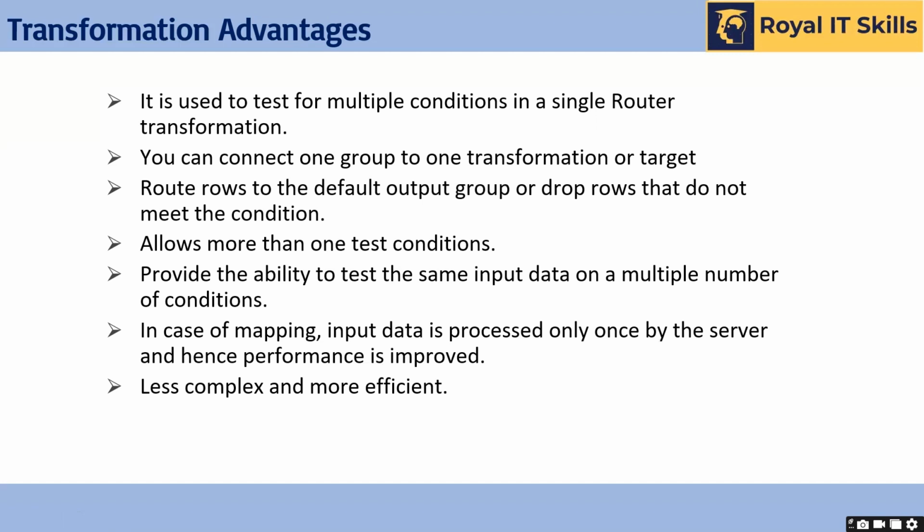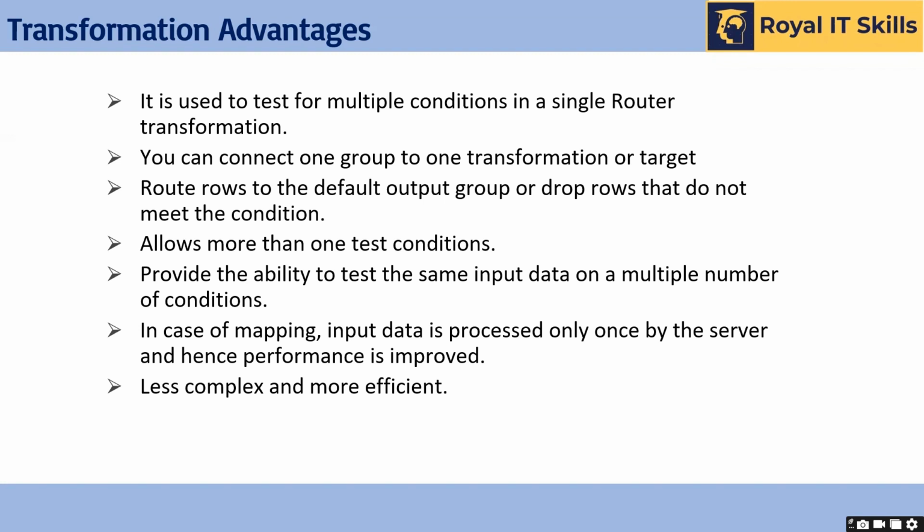In a mapping, input data is processed only once by the server and hence performance is improved. If I have two filter transformations, data should be passed to these two transformations separately, one by one. Whereas in the router transformation, we have only one-time input.